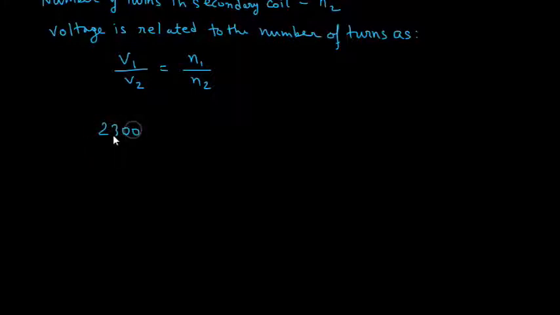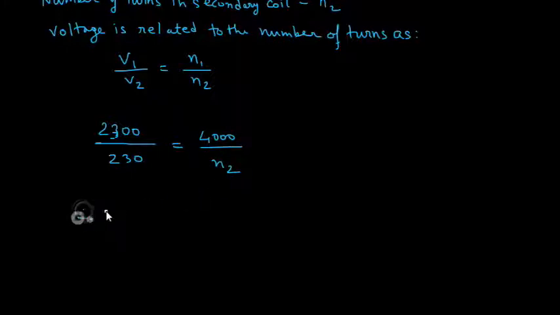So putting the values, we get 2300 upon 230 is equal to 4000 upon N2.